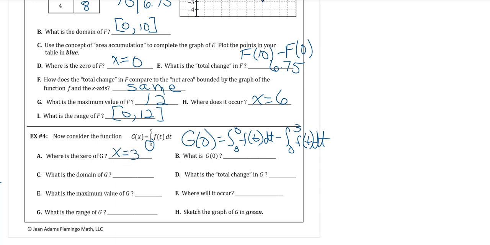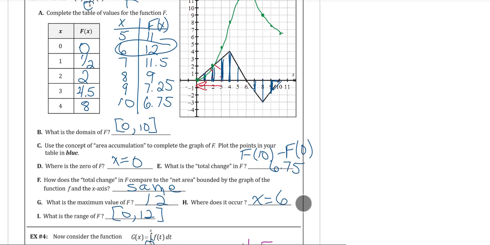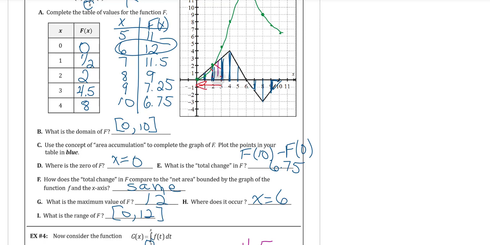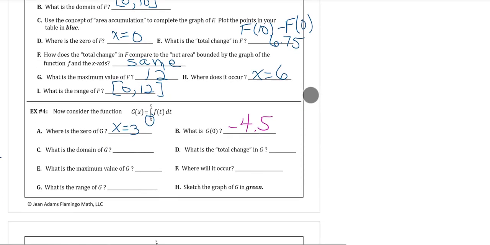And the value of that is going to be taking off that area, which, let me just erase this so it's out of the way, is going to be negative 4.5. So we're going to take back. We have to move backwards, so that's in a negative direction. And we have to get rid of this area here. And that area at 3 was 4.5, so it'll be negative 4.5 is where we're at now.